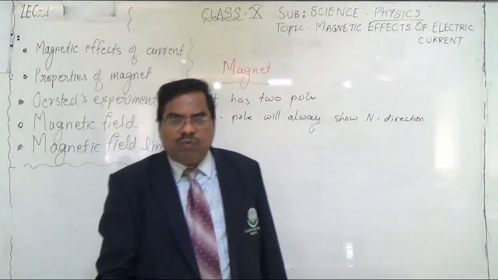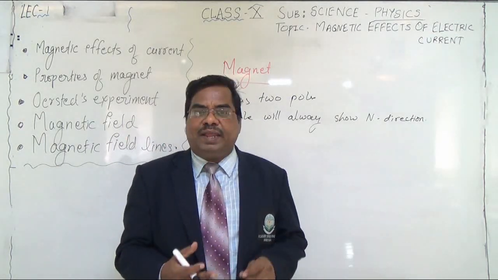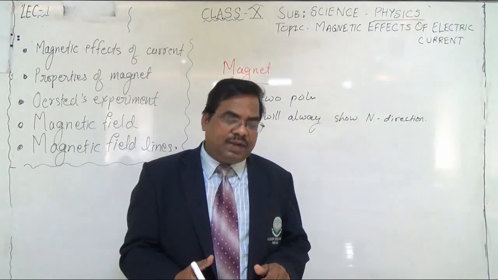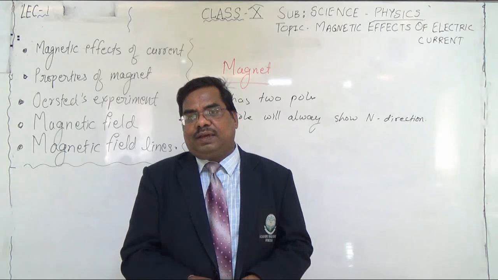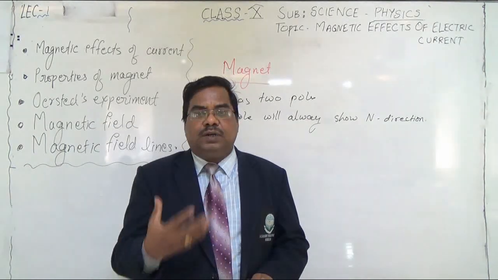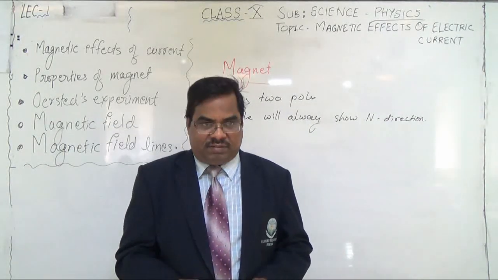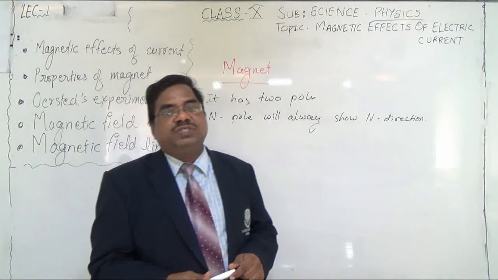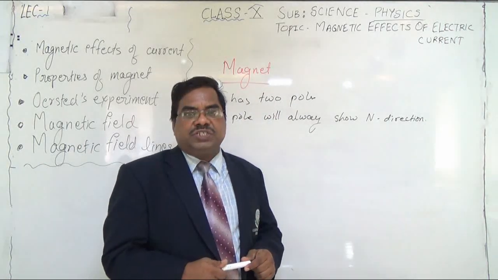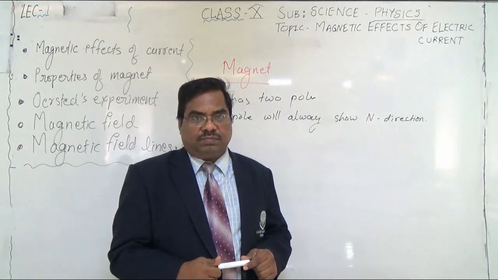So how will we find the magnetic effect of electric current? Actually, this magnetic effect of electric current was discovered accidentally. There was a great scientist called Hans Christian Ørsted.